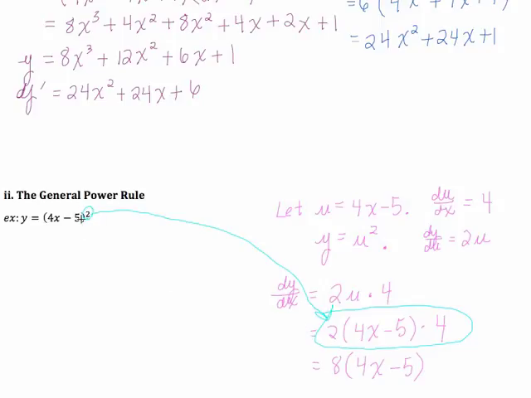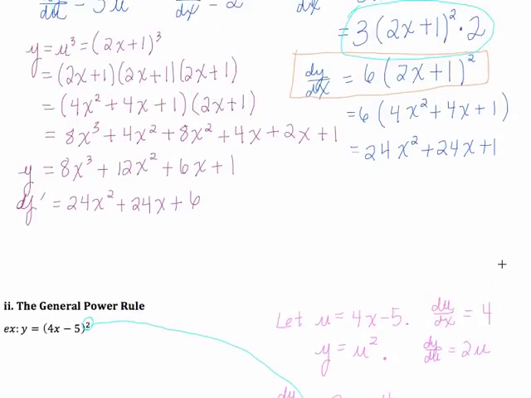And then the power is being reduced by 1, just like with the regular power rule. You bring the power down out front, and the power reduces by 1. Except that instead of having a plain x to that power, the inside function, that polynomial, stays put. And then by the chain rule, we multiply times the derivative of that polynomial. The derivative of 4x minus 5 is 4.